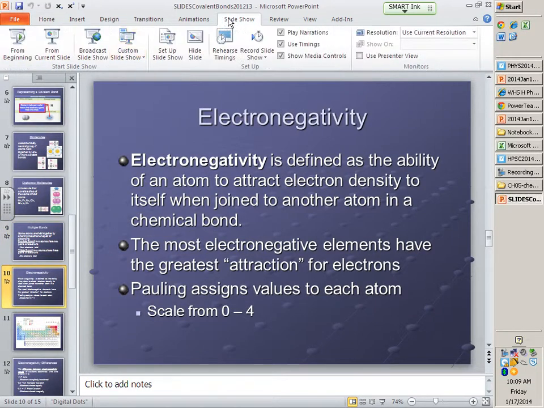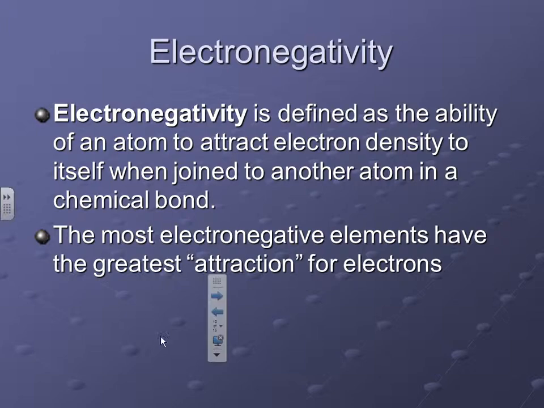Today, we take a look at the fact that when 2 atoms are sharing electrons, it is not always a nice, even sharing. There is a property of atoms that we refer to as electronegativity.